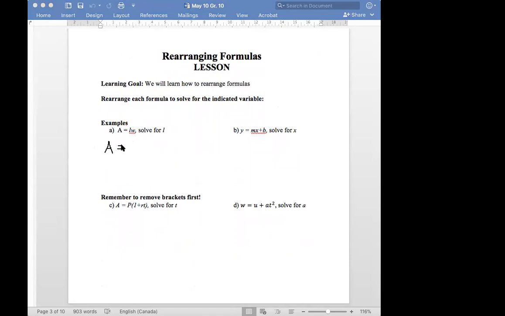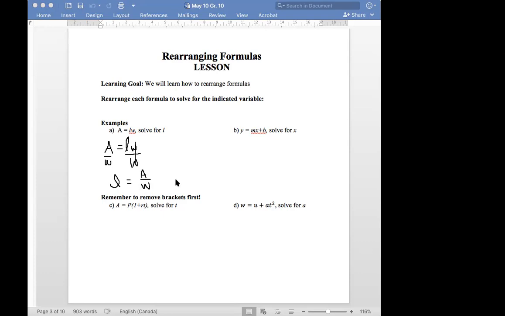We want L on its own and we need to get rid of this W. Because the W is being multiplied, so it's L times W, we're going to divide both sides by W, and that'll give us our answer because this will cancel out. So our answer would be that L is equal to A over W.